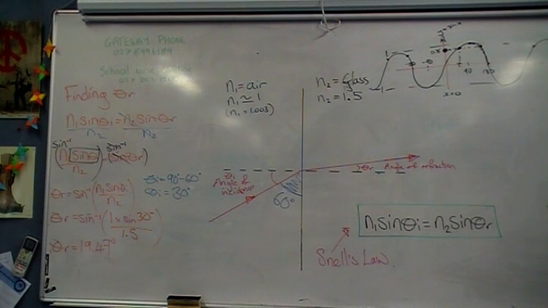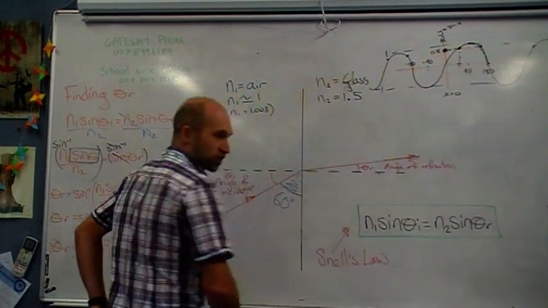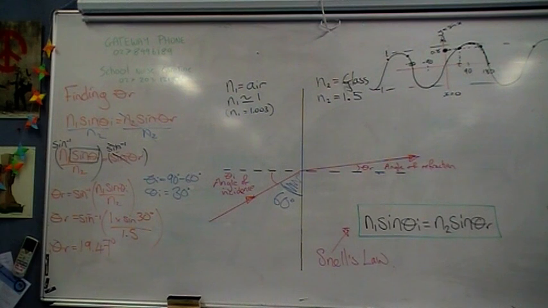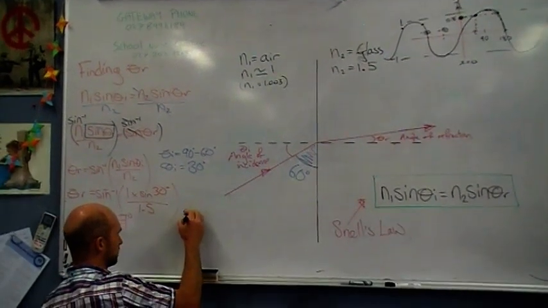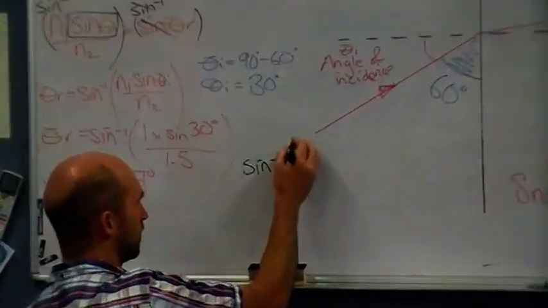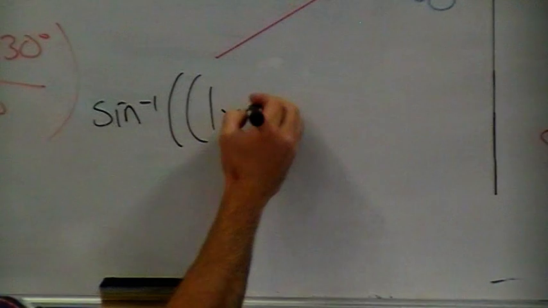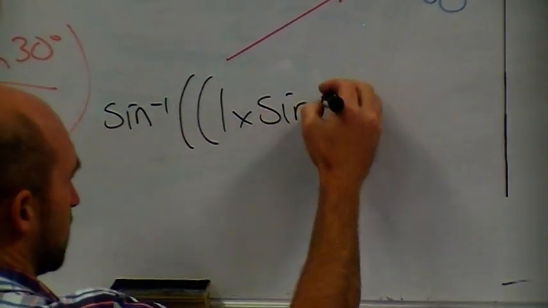Can I just interrupt, because going around reminded me that there's a couple of pitfalls with this. The first one is that it's very tempting, I think in maths they teach you to use the fraction key, but there are cases where the fraction key, when you're solving this problem, will give you the wrong answer. Better to use the divided by key with brackets. So if I were typing this into the calculator, I would be typing in sine minus 1 of 1 times sine 30.